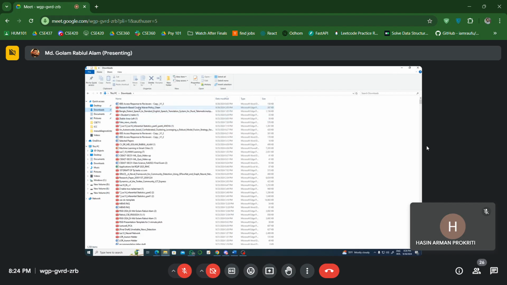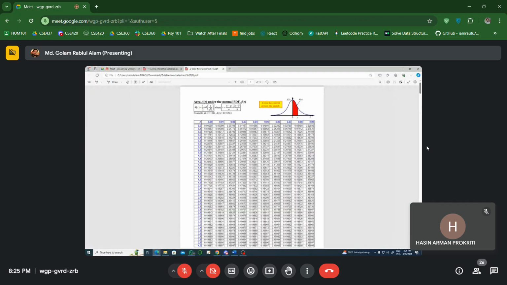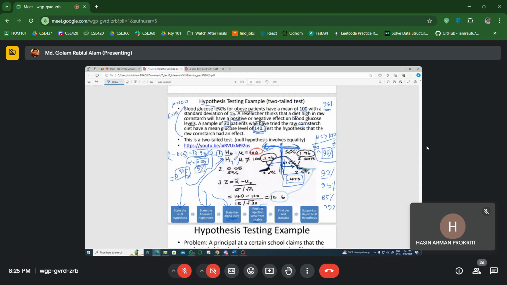Two-tailed test. So this is a benchmark table. Then we have to find our value, which in our case is 0.475. So where is 0.475?